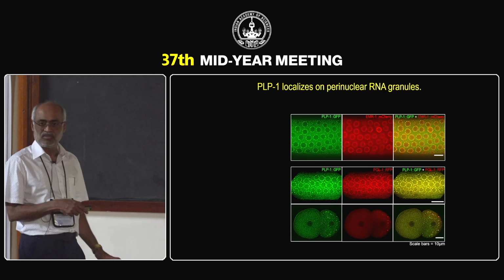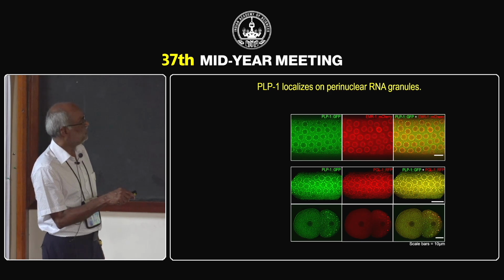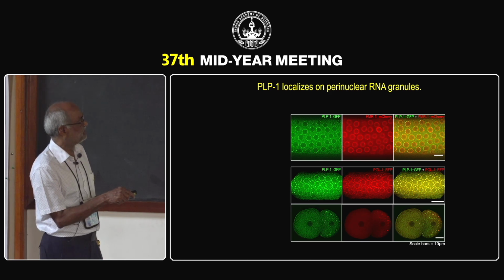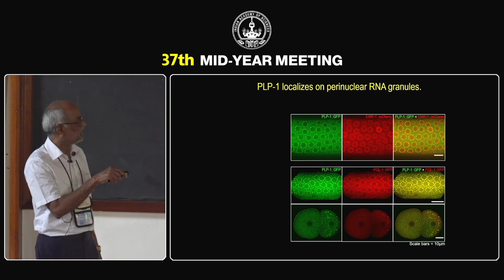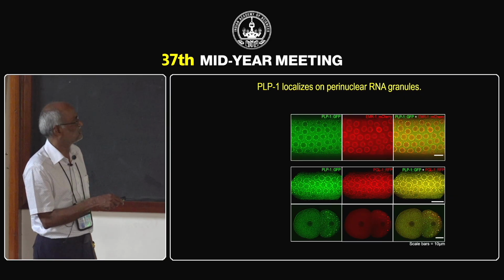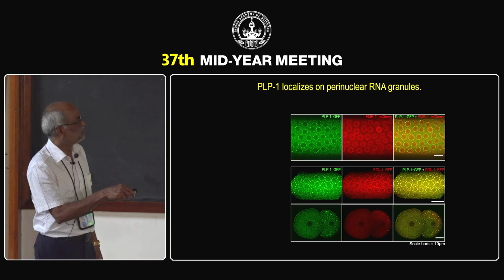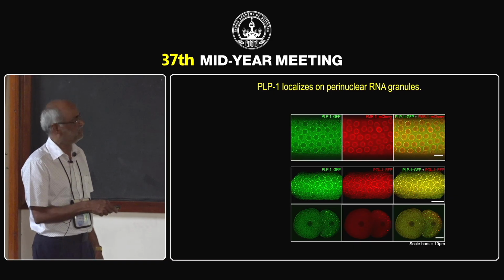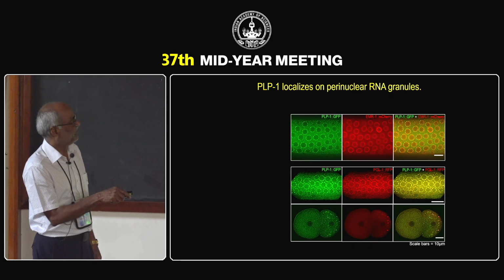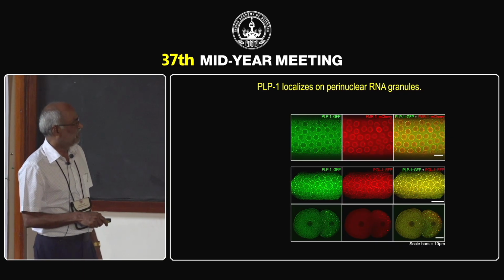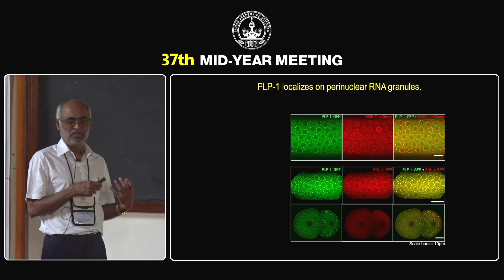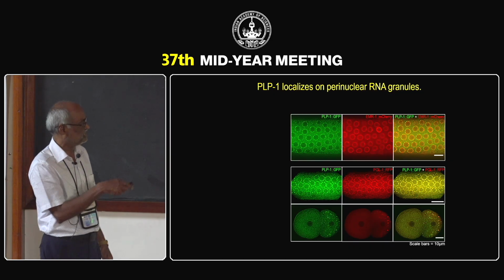And when she took a close look, it is found on granule-like structures around the nucleus in a perinuclear fashion. And when she used a marker for the nuclear envelope, she finds this is outside the nuclear envelope, it doesn't co-localize with it.